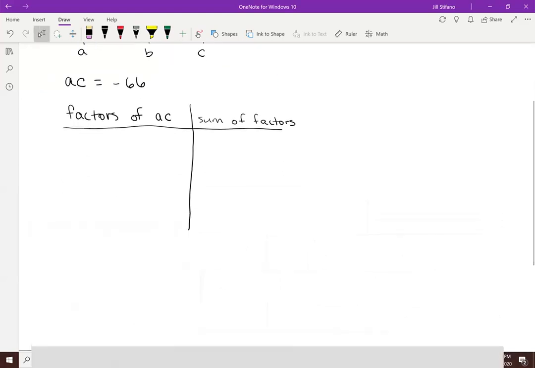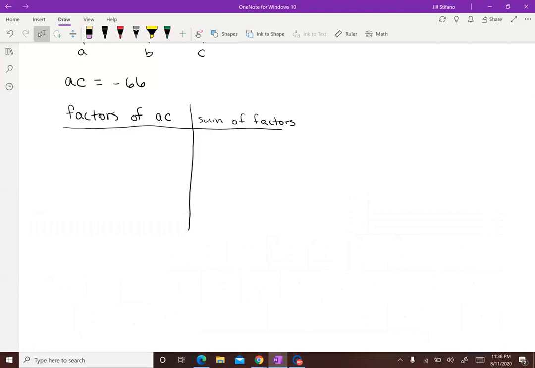Okay, to start off, we have 1 and negative 66. These sum to negative 65. We could also do negative 1 and 66. These would sum to 65.